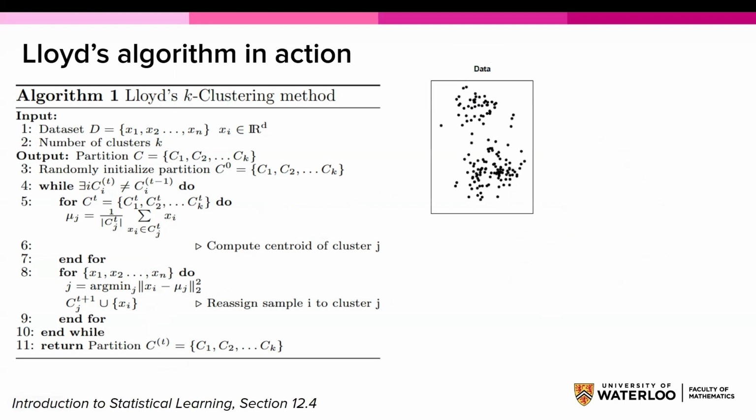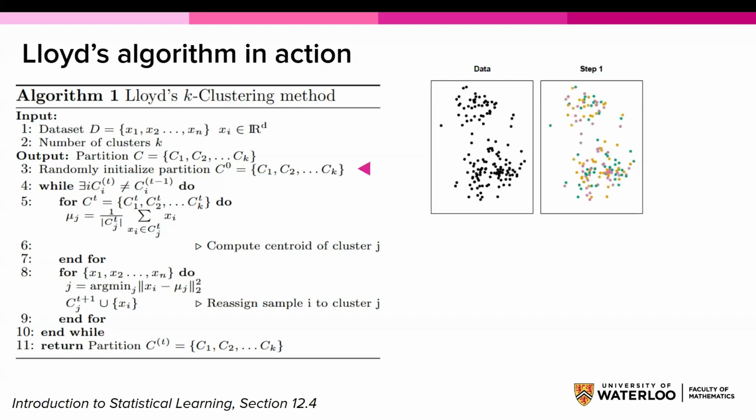So in the Introduction to Statistical Learning text, there's a great example of how this works. It starts off with a data set where there are no cluster assignments whatsoever. And then the first thing it does is randomly assign points to a given cluster.